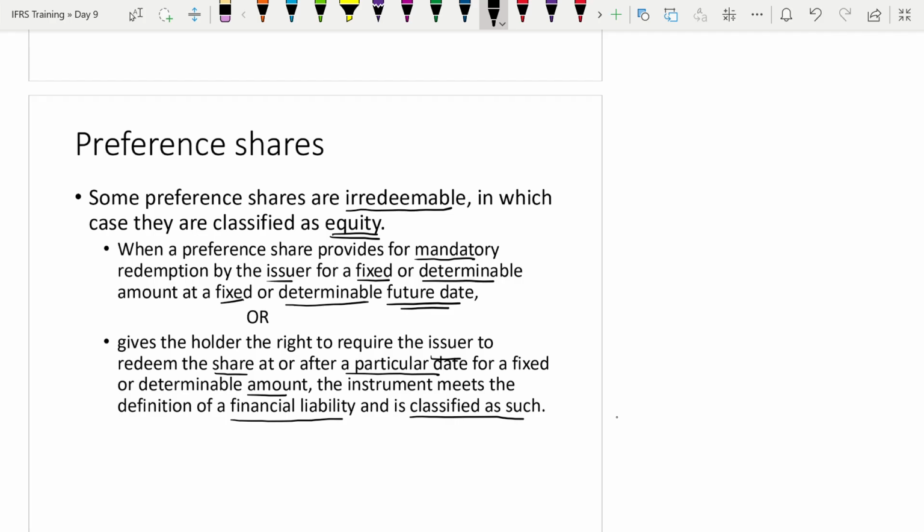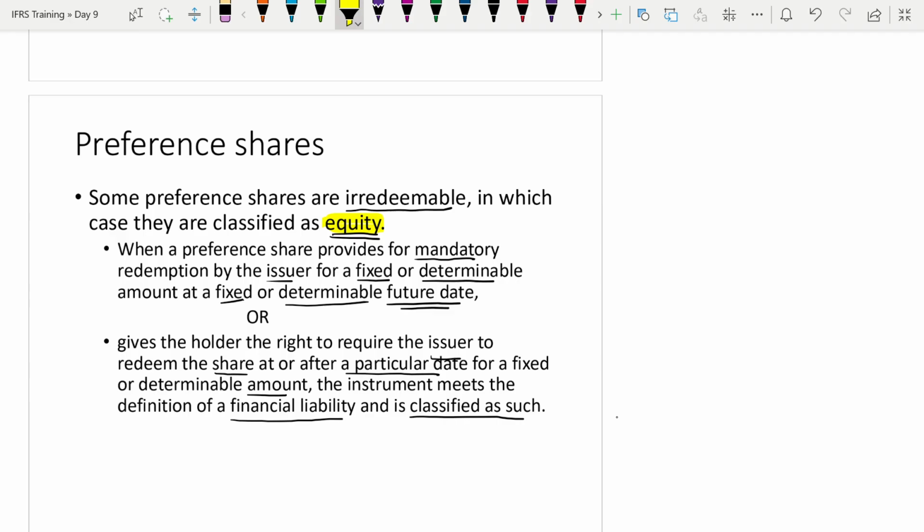Some preference shares are irredeemable. For those irredeemable shares, there is a straightforward condition that they are identified as equity.